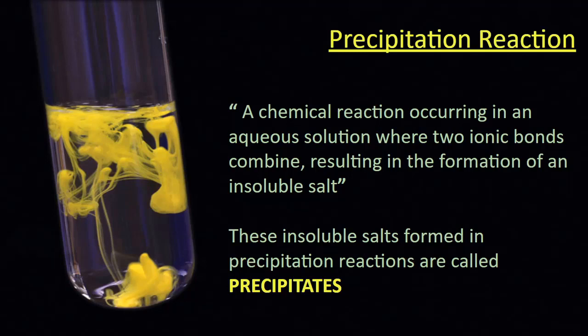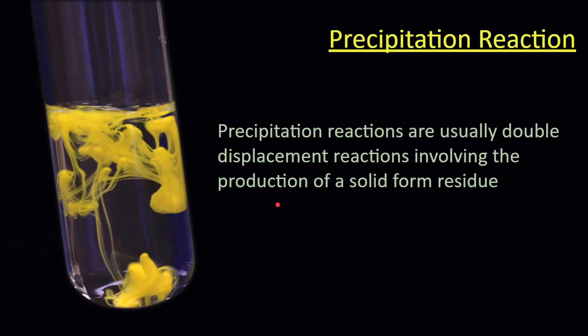Now you can see how the precipitates look in this test tube. Precipitation reactions are usually double displacement reactions involving the production of a solid residue called the precipitate. You can also say that this is another example of a precipitate.